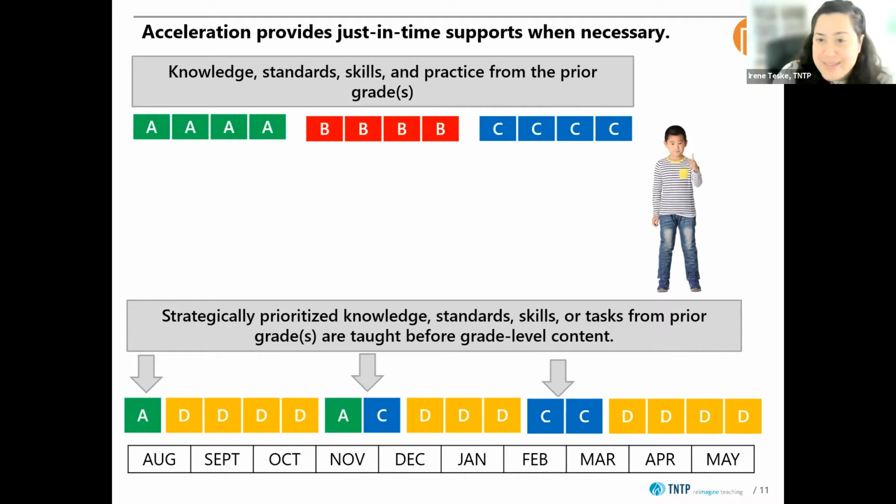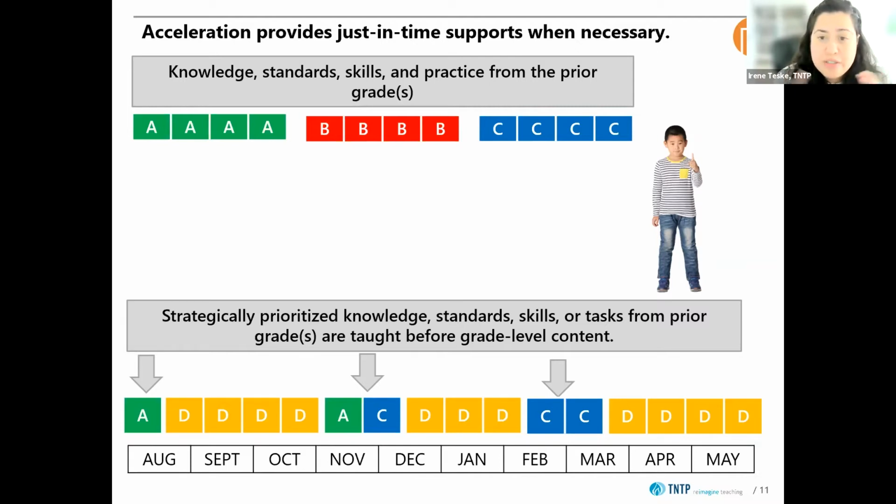So as you look at this example, you may be wondering if this looks the same in all content areas. And it's an important question because there are slight differences in how you may approach acceleration or just-in-time learning and instruction per content area. And today we're going to go into breakout groups to discuss ELA and math.